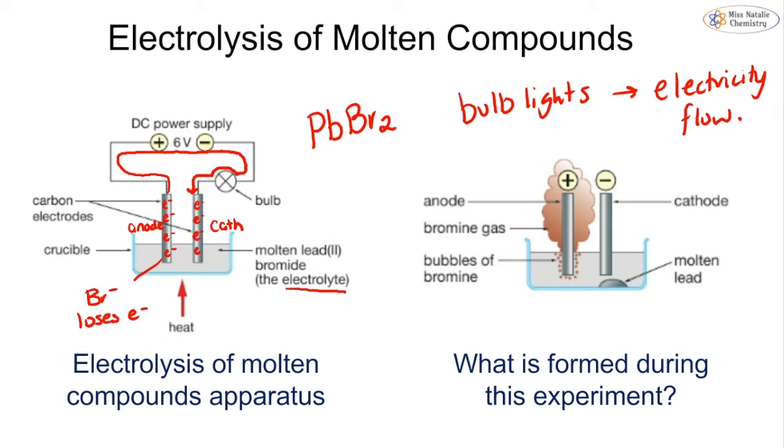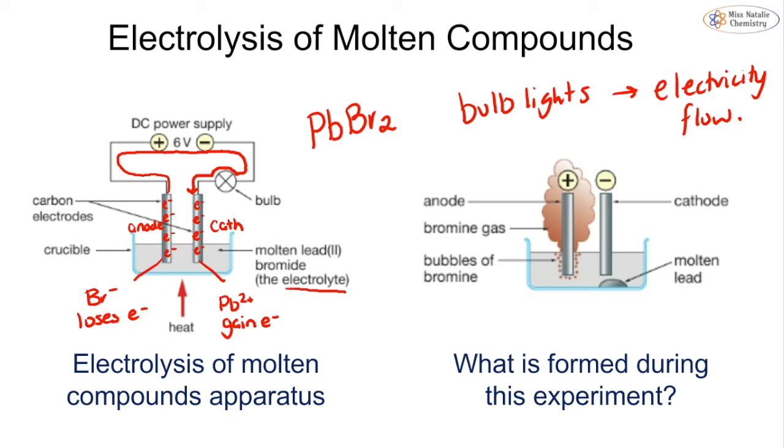And that's the electrons being pumped towards the cathode, which then allows the lead to gain electrons. So the source of the electrons in the cathode at first is just from the movement of the current, but then the source is actually the electrons that are being lost at the anode.